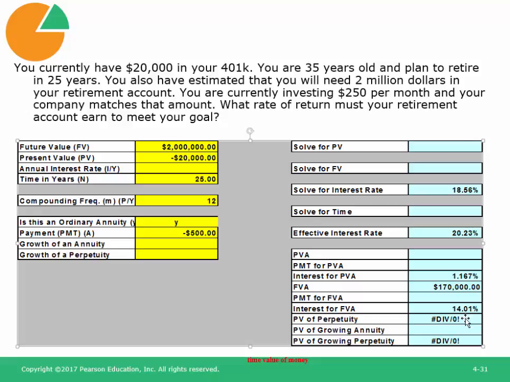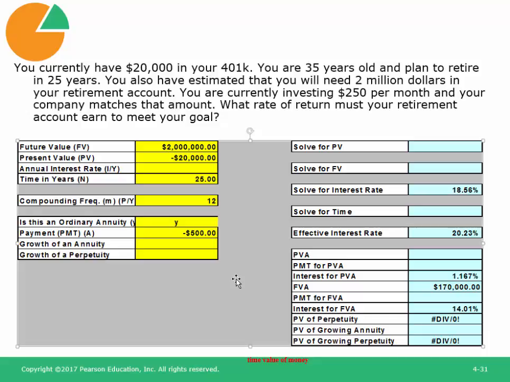So we're going to have to figure out one of two things. Either we need to require less money, which is something we don't want to do, or we're going to have to figure out how much money I have to invest to get there at a certain rate of return. So we could change this question now and say, okay, how much do I need to invest if the annual interest rate is 10%?